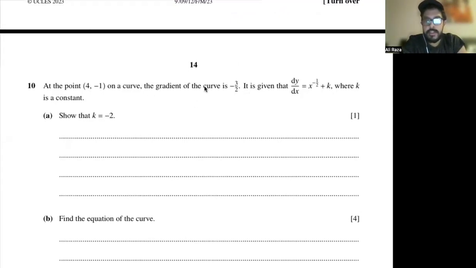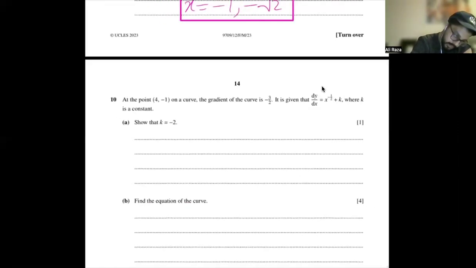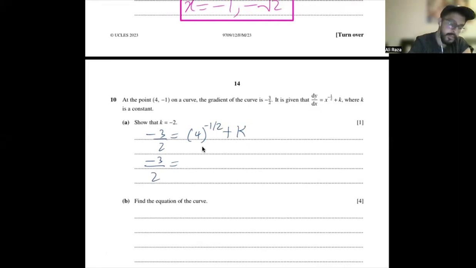Now, since we're given the gradient of the curve, this can be used as a value for dy/dx. And we also have the x coordinate 4, so we can just plug it in this equation to find the value of k. So minus 3 over 2 is equal to 4 power minus 1 over 2 plus k. 4 power minus 1 over 2 can be written as 1 over root 4 plus k.